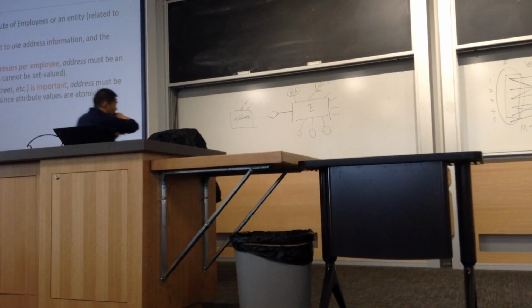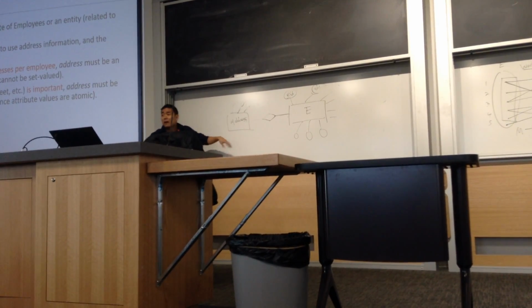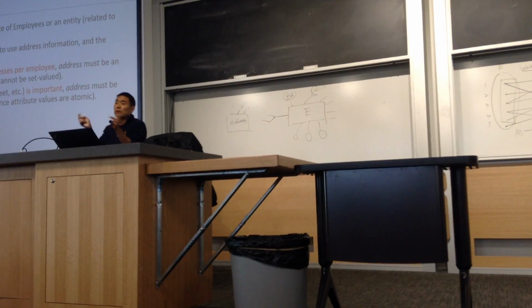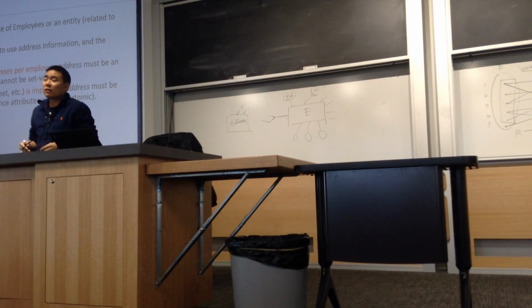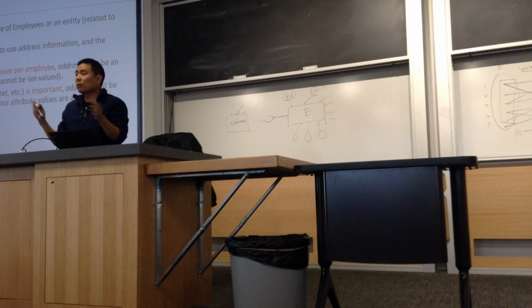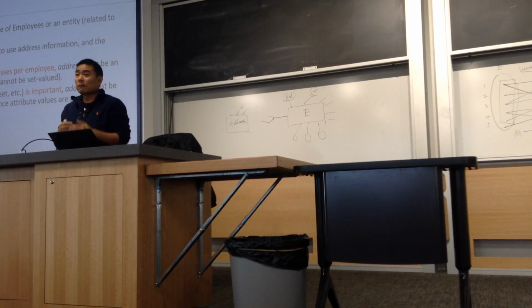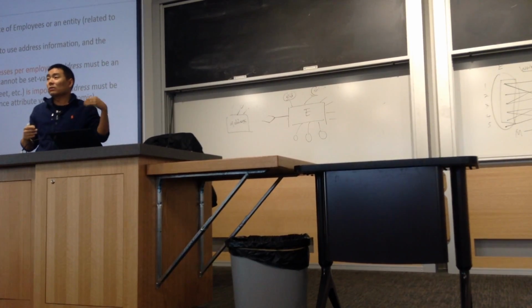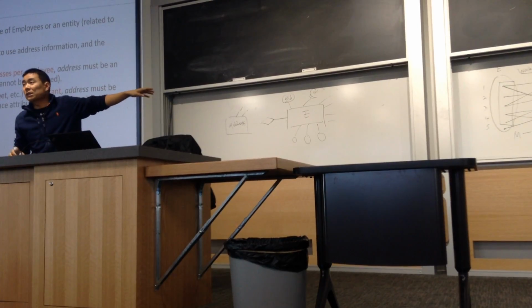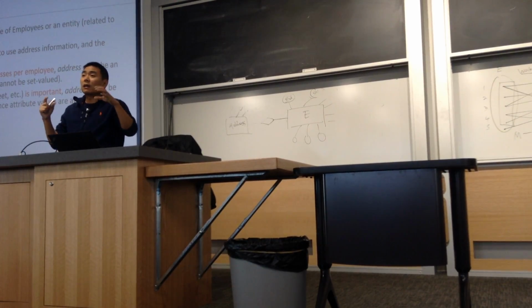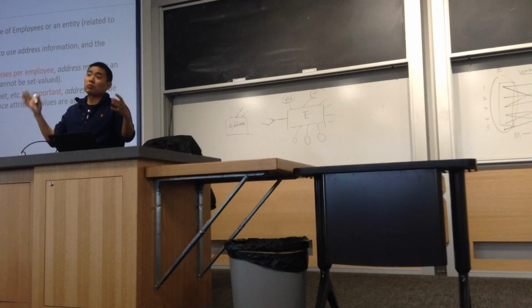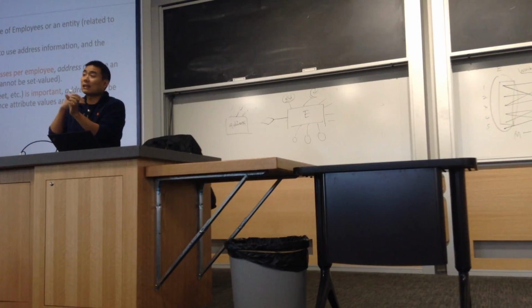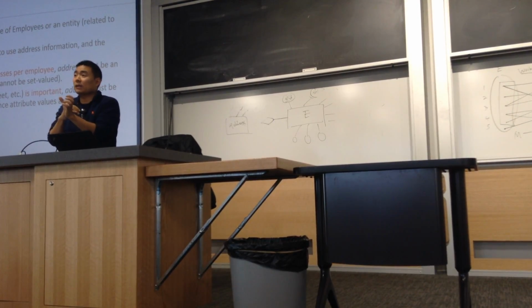But it doesn't always mean this is the better design. If you don't care about the structured information within the address value, and your employees, for the most part, do not reside at the same address value, then this design, meaning treating address as an entity set, works, but it complicates the design. I'd rather treat address as an attribute in the latter case. Right?